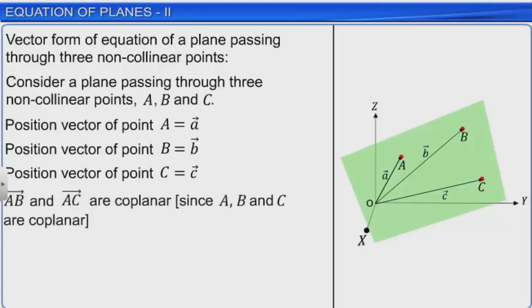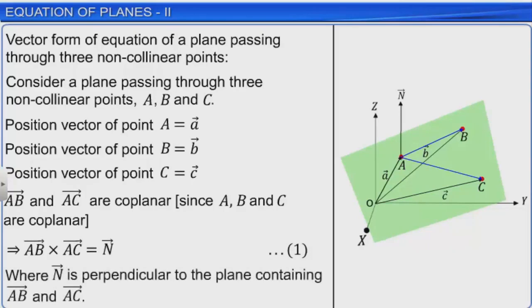Thus vectors AB and AC lie in the same plane. Thus, the cross product of vectors AB and AC is equal to vector n, which is perpendicular to the plane containing vectors AB and AC. Let this be equation 1.